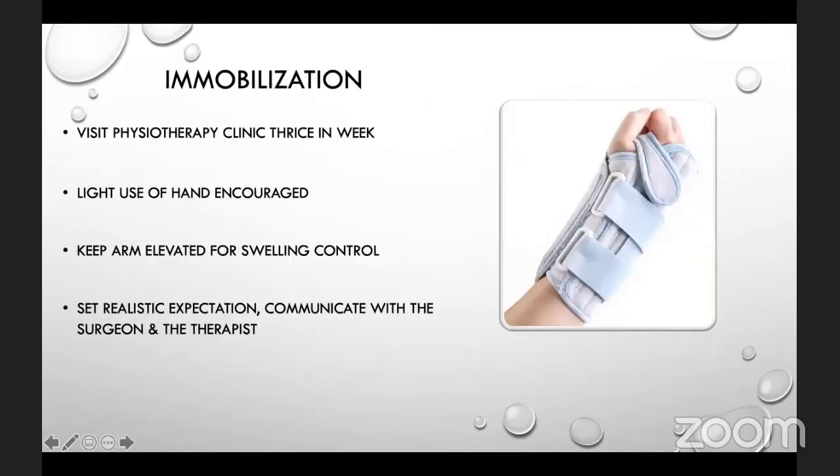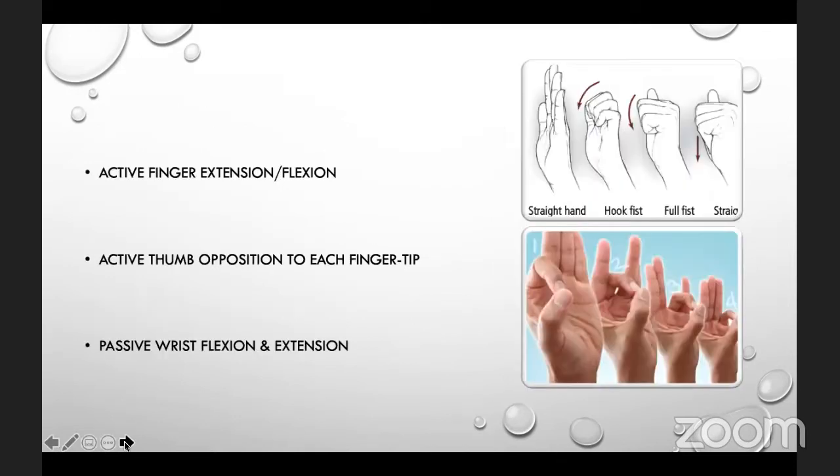So start with immobilization. I saw the patient in the physiotherapy clinic thrice a week. Hand for very light work, keep arm elevated and set realistic expectations. I did some exercises: active finger extension and flexion, active thumb opposition to each fingertip, passive wrist flexion and extension.